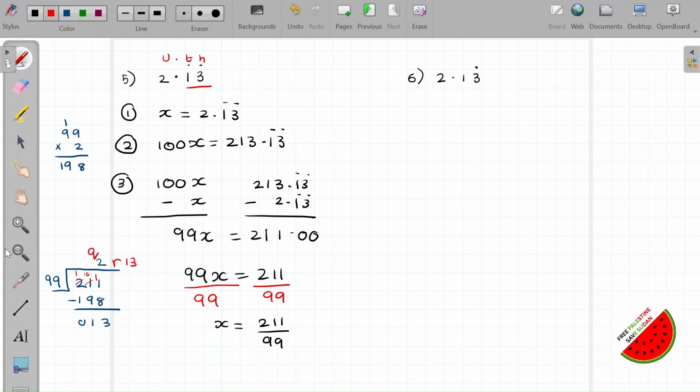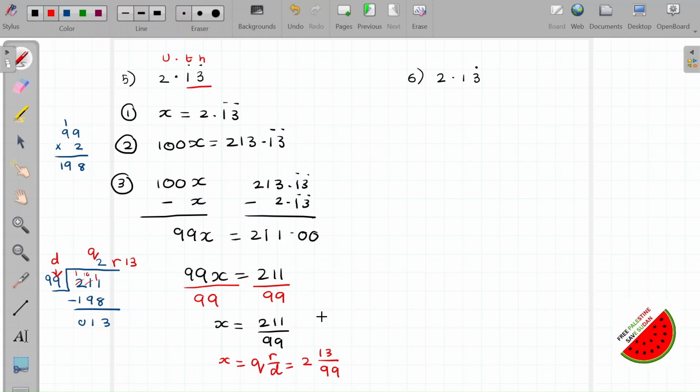Quotient of 2, and you're dividing by 99. So we write it as a mixed number, and I'm going to write it in this form, QRD, which is 2, 13 over 99. Okay, and that would be our mixed number.